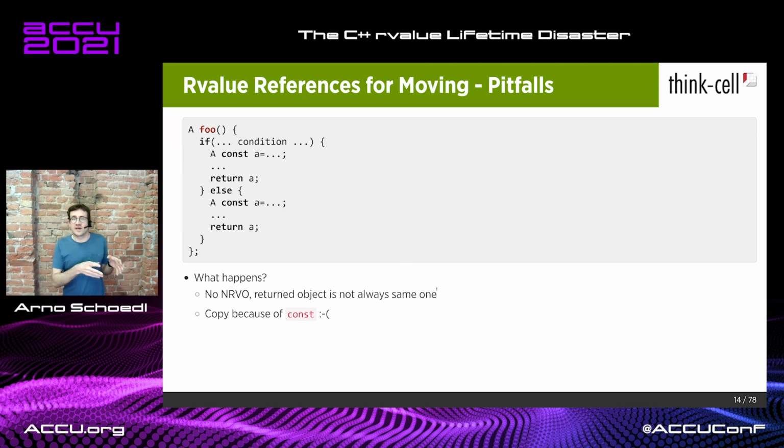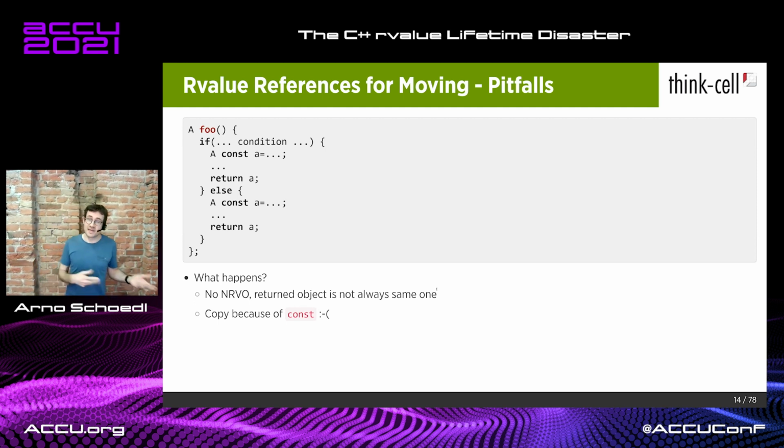And it can only do that if it knows that this particular a is going to be the one that's returned on all code paths. And here it's two different a's, so it doesn't really know which a to put into the return value spot. Theoretically, with optimization, you could do it here, but the standard says no. You need to always return the same a.